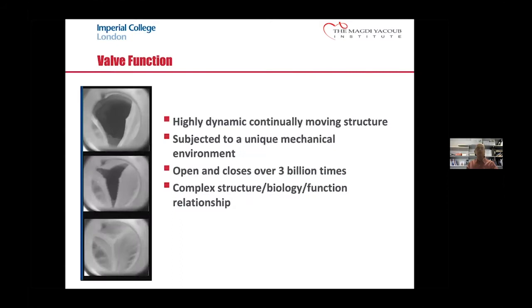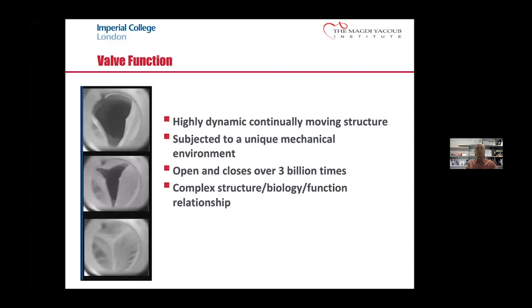So a few things to consider in relevance to the challenge in tissue engineering a heart valve: you're trying to recapitulate something that is a highly dynamic and continually moving structure that's in perhaps one of the harshest mechanical environments within the body.